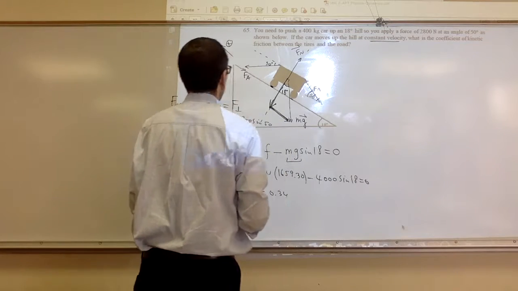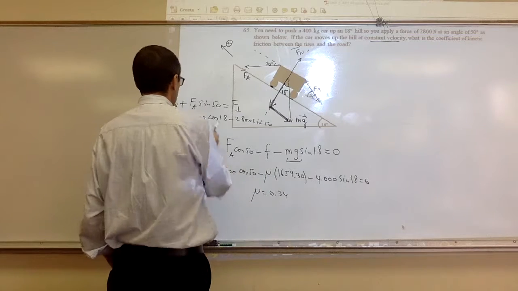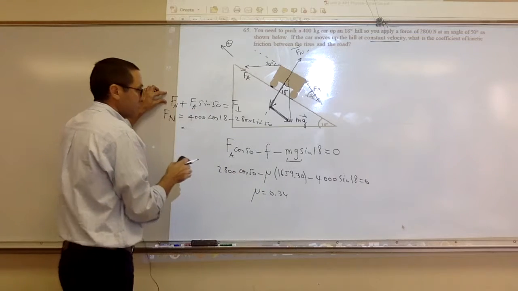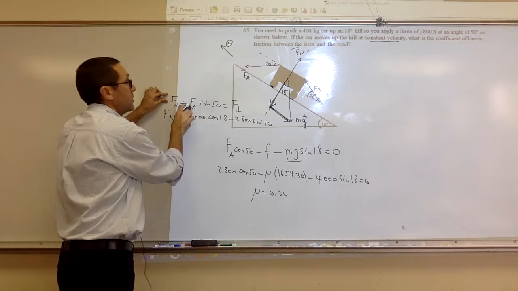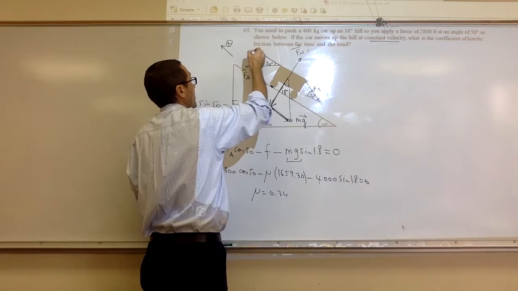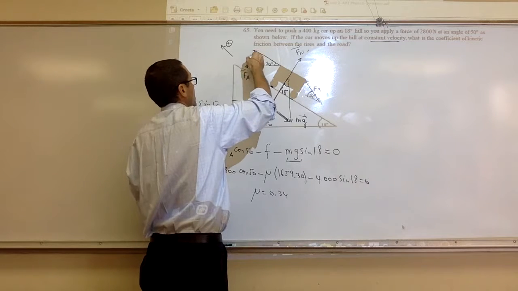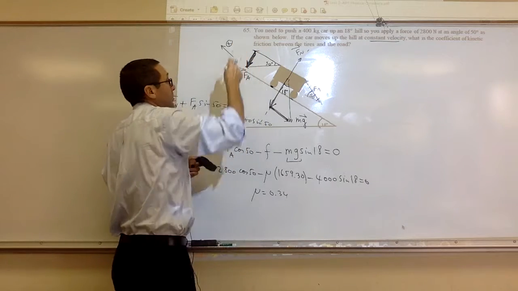Nothing else changes in the up the ramp statement, but here there is a change. So it's still your x component of FA going up the ramp, but your y component is going down this way instead of going up like before.